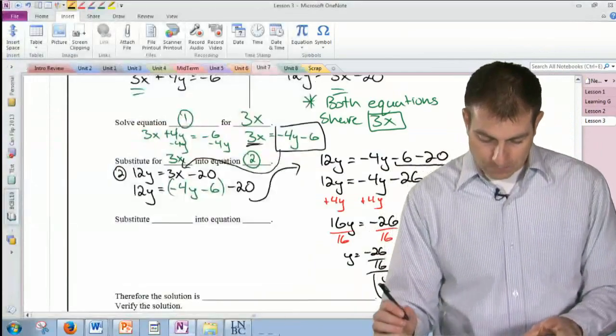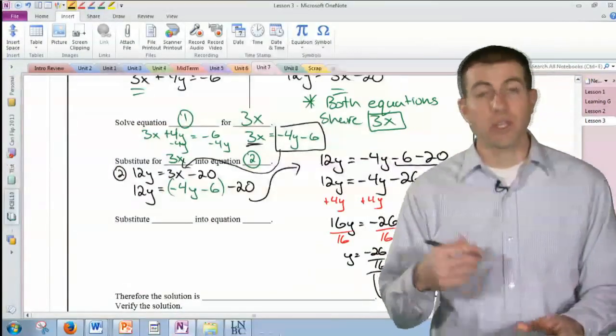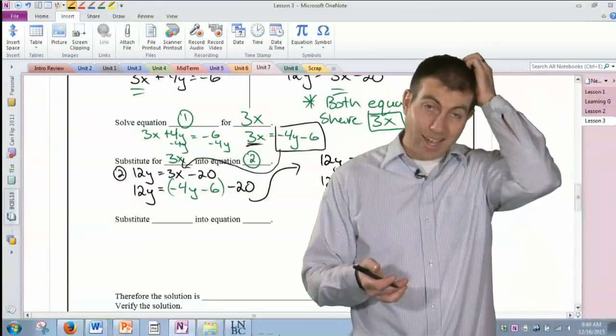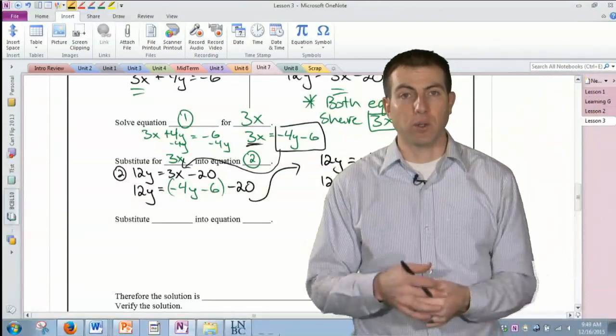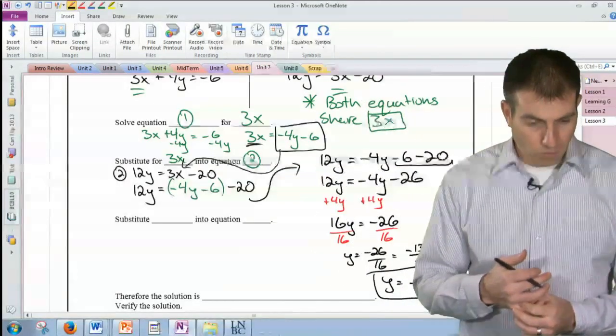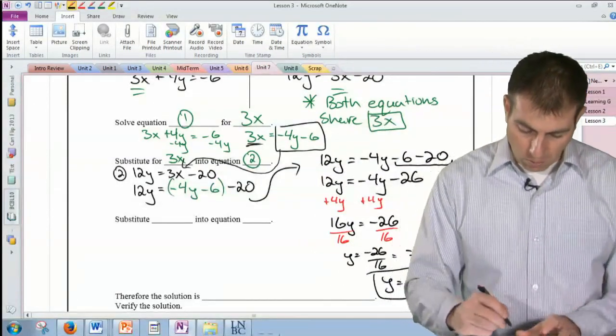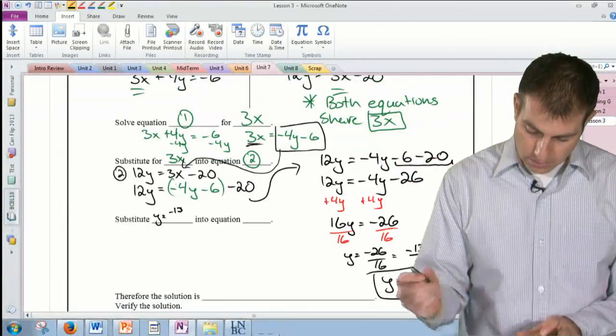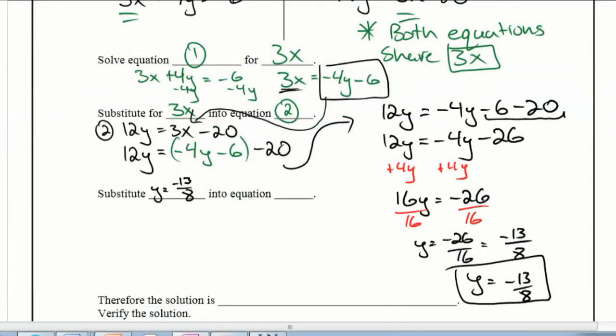All right, so just like we've been doing, we've isolated for a variable. We know what y equals now, and we're going to substitute that back into one of our equations. It doesn't matter which one. What we'll do is say y is negative 13 over 8, and we'll substitute it into maybe the first equation.